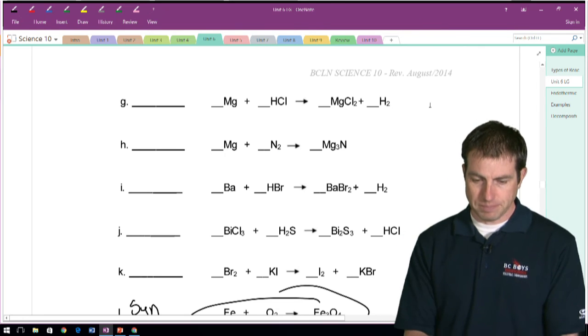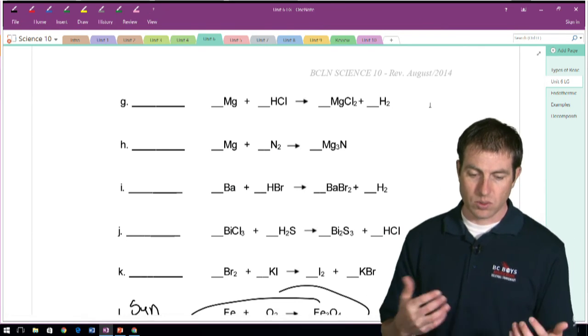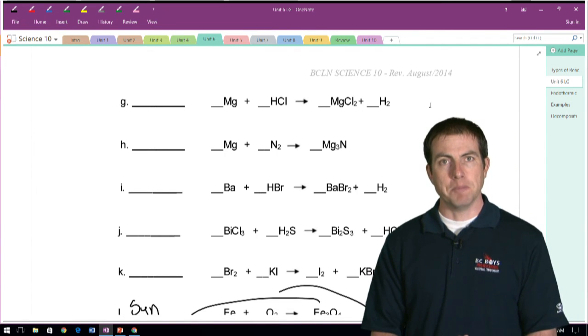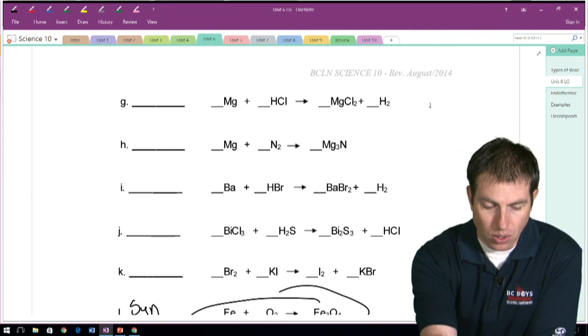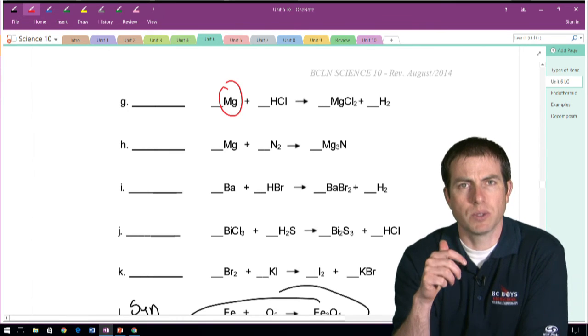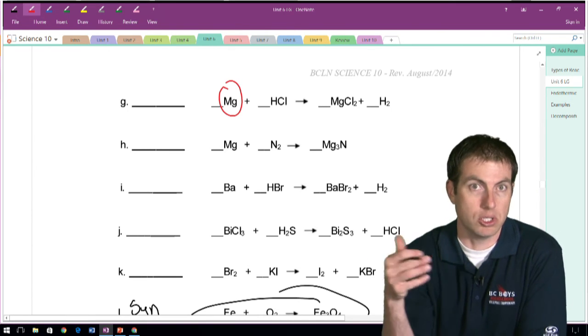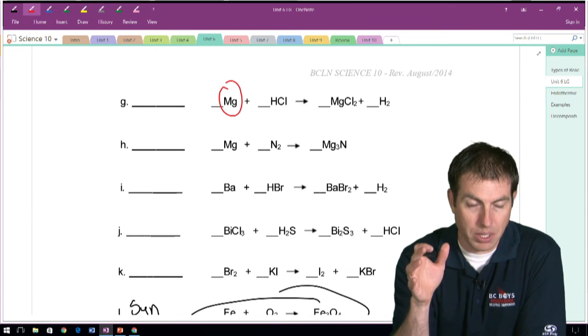So, letter G. I'm starting with 2 things, I'm ending with 2 things. You'll notice that one of the things that I'm starting with is magnesium, it's just Mg. Because this Mg is just hanging out by itself, it hasn't formed a compound with anything. It's not like MgCl or MgO or anything like that. It's just an element by itself.